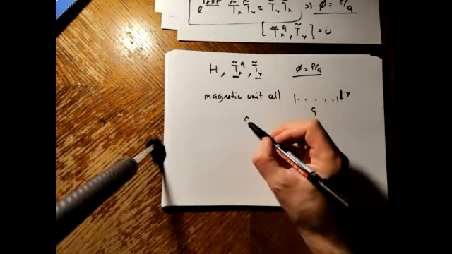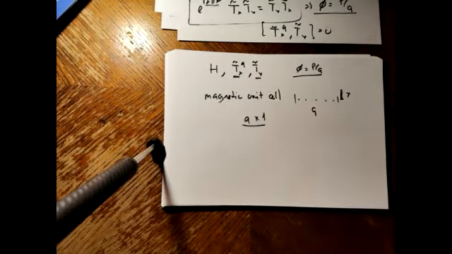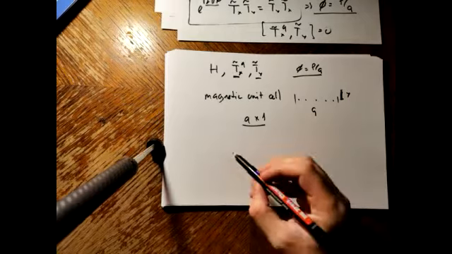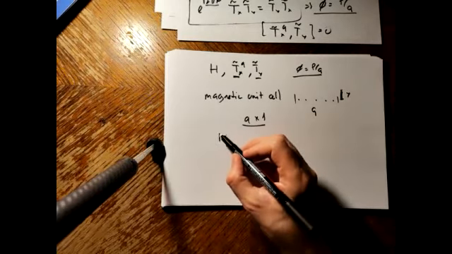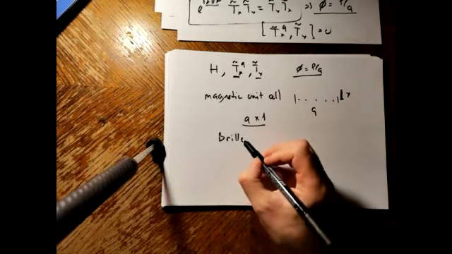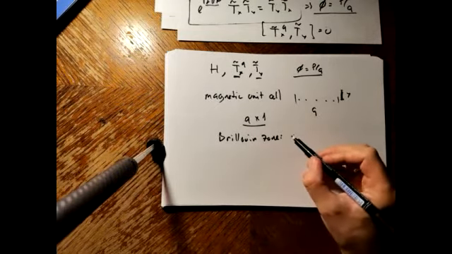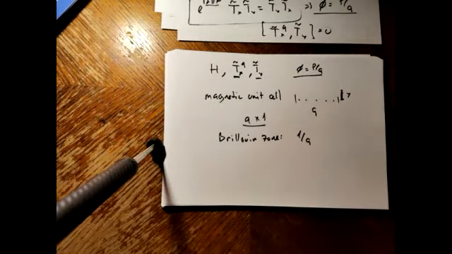So the magnetic unit cell is q times 1. That's its dimension. Then one expects that the Brillouin zone in the x direction has to shrink by a factor of q, so the Brillouin zone will be rescaled by a factor of 1 over q.